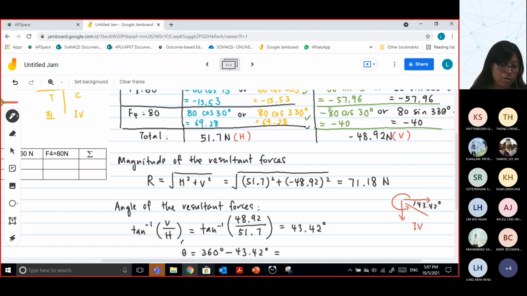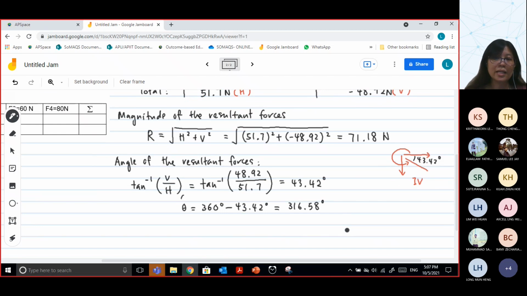So 360 minus 43.42 is 316.58. Okay, so this is the angle, fourth quadrant.